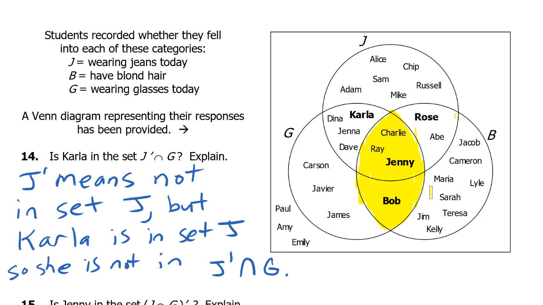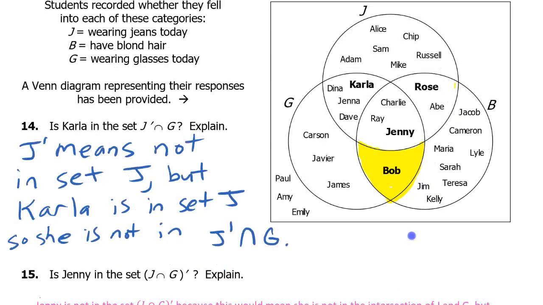But we want the set of people who are in B and G but not J. So that means we need to get rid of this part of the graph right here, because that part is in J. So we just have to redo this a little bit to get rid of that portion of the graph. So that's going to leave us with this. Alright, so here we have B and G but not J. And there's Bob, the only one in that region.